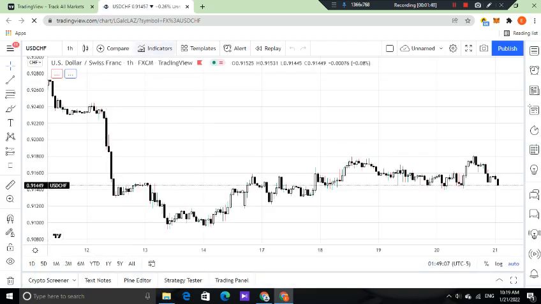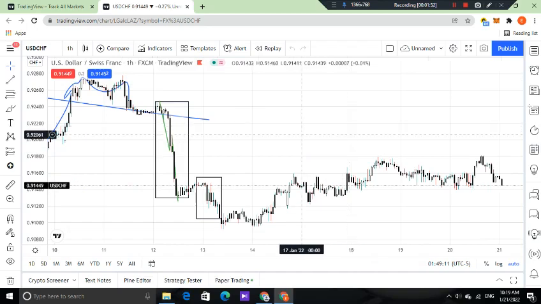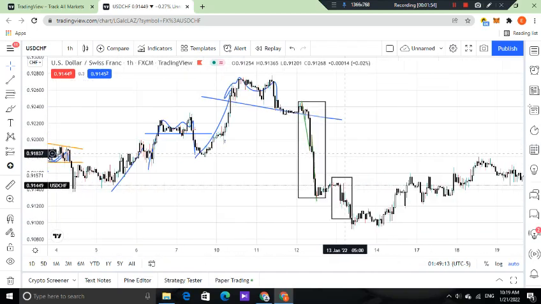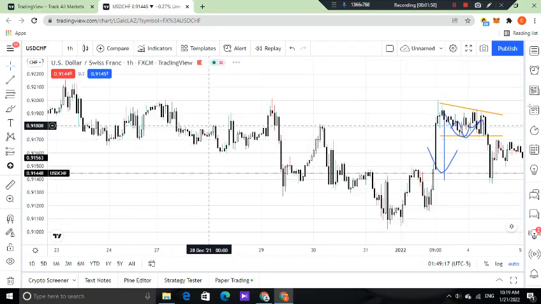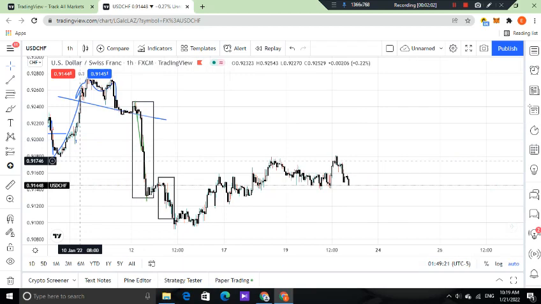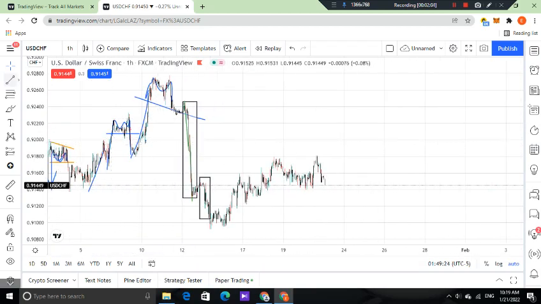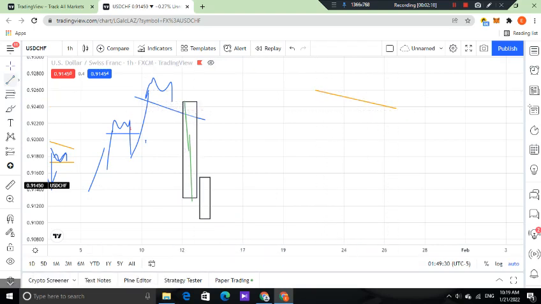First of all, I have to say we have many kinds of triangles, but generally, when you see two lines in opposite directions approaching each other, we call it a triangle.